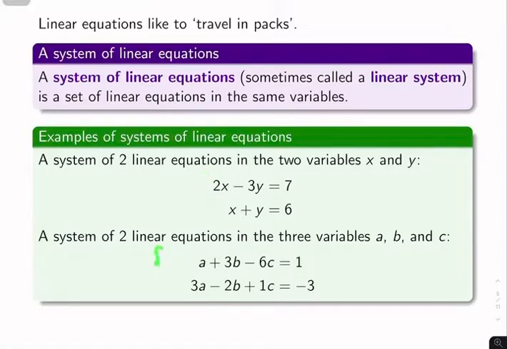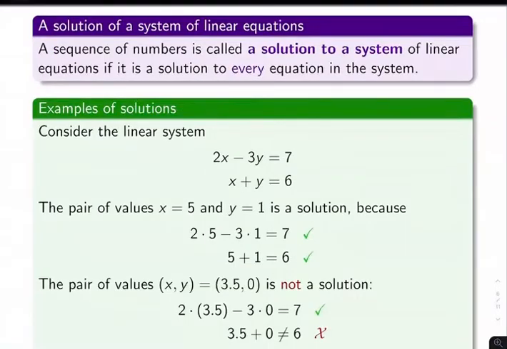And here is an example of a system of two linear equations in the three variables a, b, and c. A sequence of numbers is called a solution to a system of linear equations if the sequence of numbers is a solution to every equation in the system.